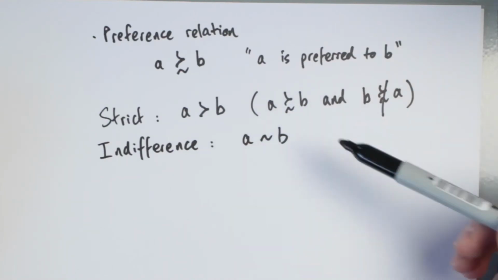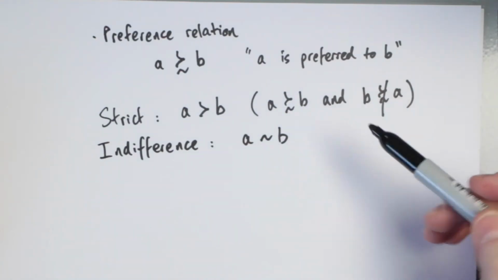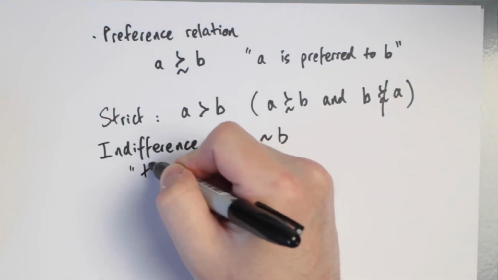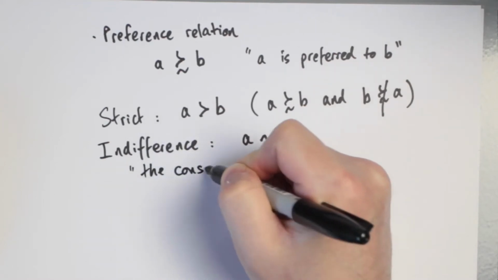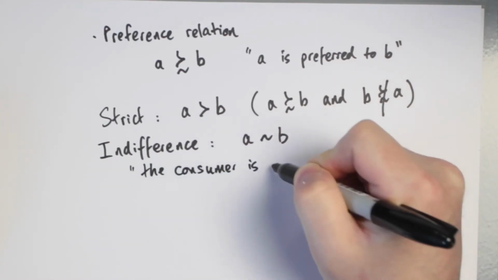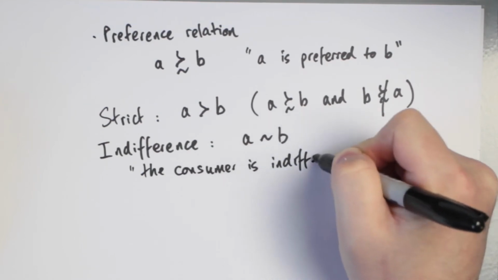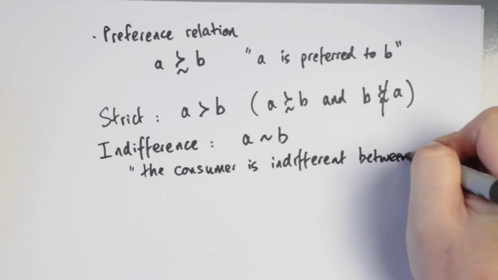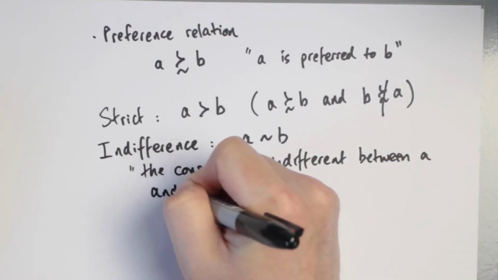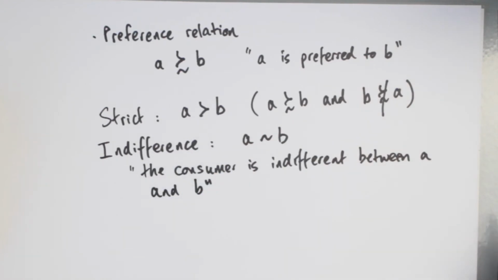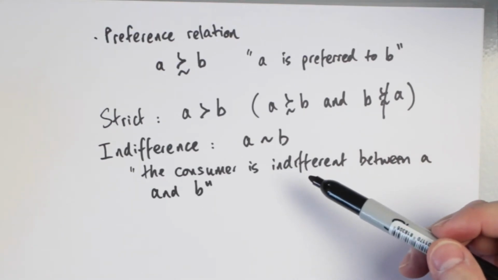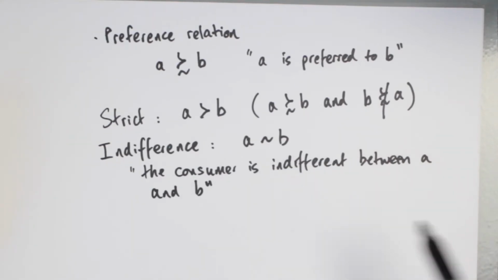Now, very often you will hear the phrase A is indifferent to B, but it's much better to say the consumer is indifferent between A and B. Again, very often you'll hear people say A is indifferent to B, but bundles don't have preferences, people do. So it's better to say the consumer is indifferent between A and B.